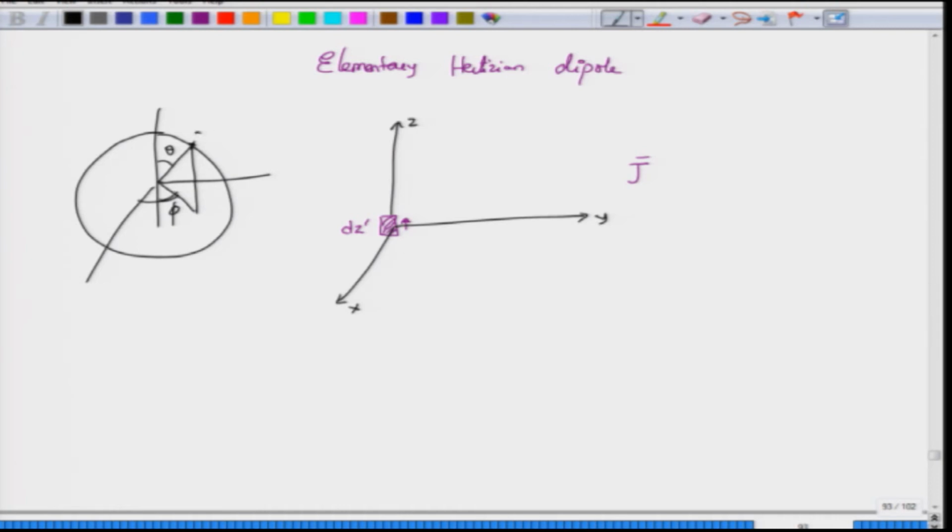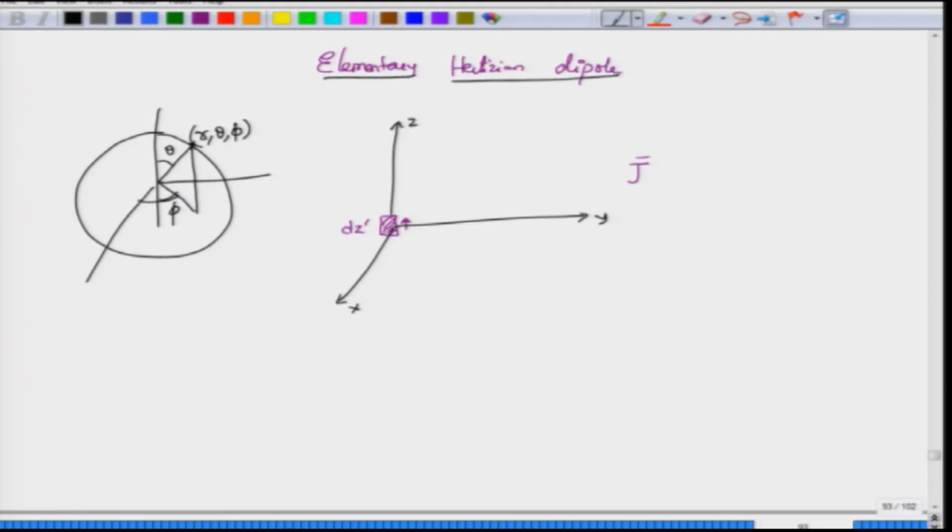So, this point could be represented by r, theta and phi, and there are relationships between them which you can easily find in a mathematical handbook or formula book. I would suggest that you read all of that before you continue with this example. So, coming back to our example, we are considering an elementary or Hertzian dipole.